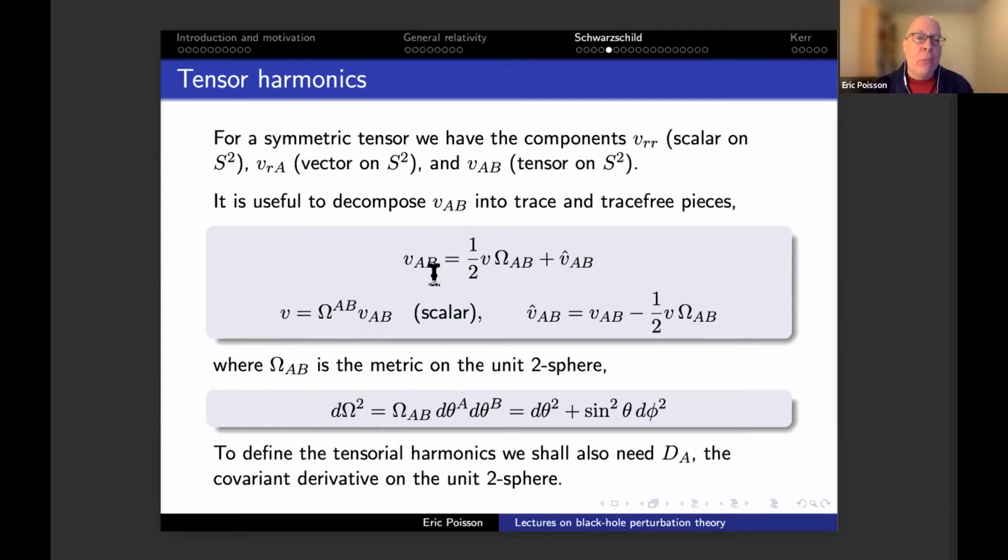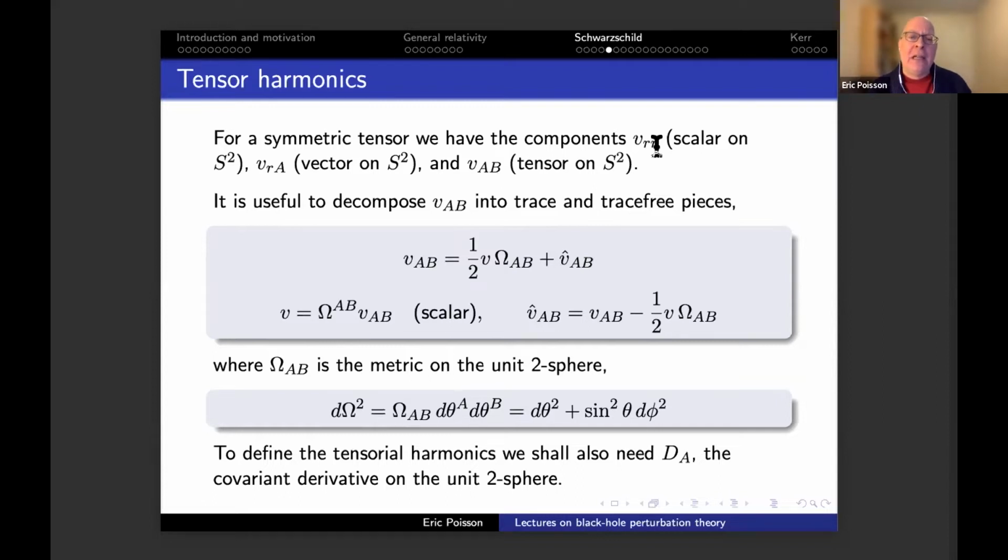When you work out the number of components, any symmetric matrix in 2 dimensions will have 3 independent components, one of which is going to be the trace. That's going to be the sum of the diagonal components. And then you have 2 remaining components off diagonal, and that's the trace-free part of the tensor. So that's what I'm doing here.